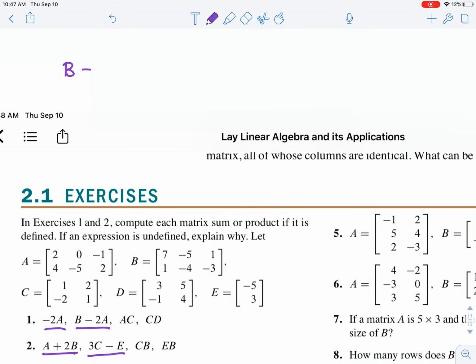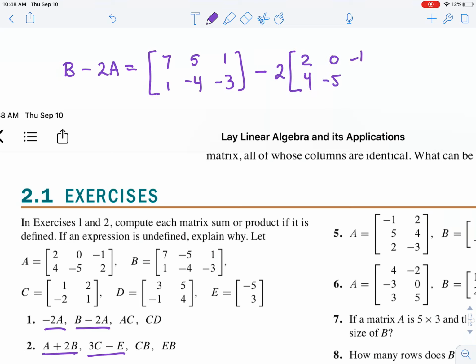And so if you want to see that worked out, B minus 2 times A, let's just write it out. 7, 1, 5, 4, 1, -3. That's B. Minus 2 times A, well, that's going to be 2, 4, 0, -5, -1, 2.